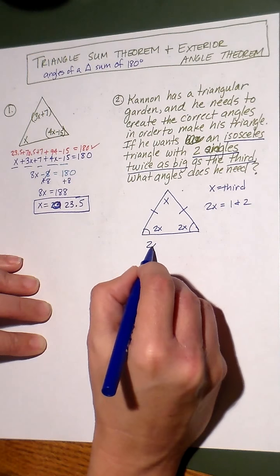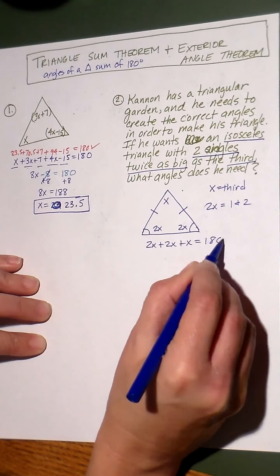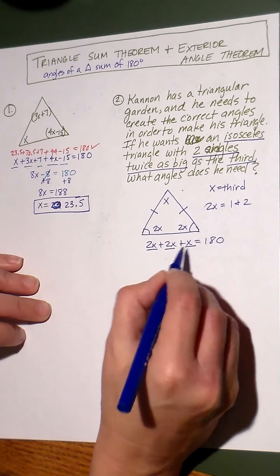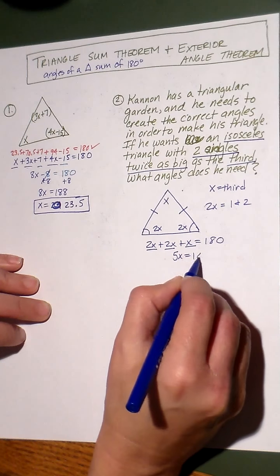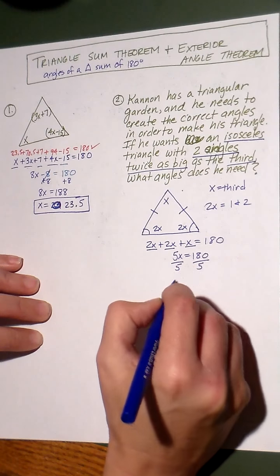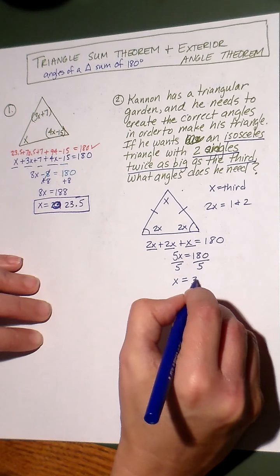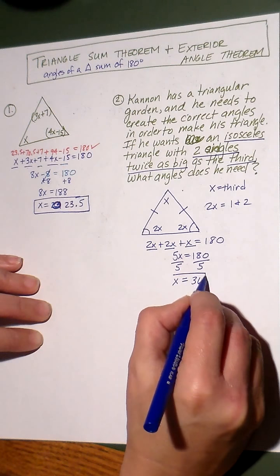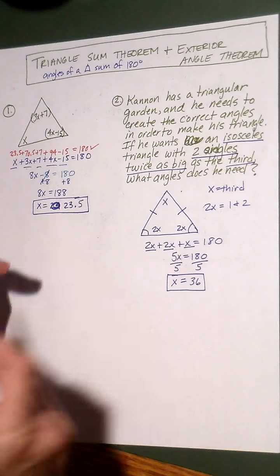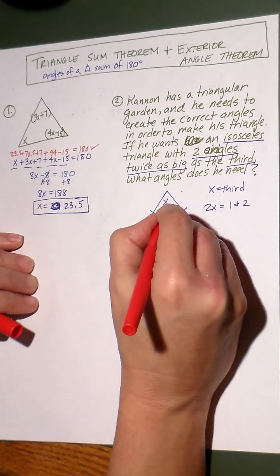So now to solve it, I know that 2x plus 2x plus x equals what? 180. So I'm going to simplify. 2x plus 2x plus x is 5x, which is 180. Then I'm going to divide both sides by 5, and you're going to get 36. So that means that the small angle has to be 36 in his little garden.